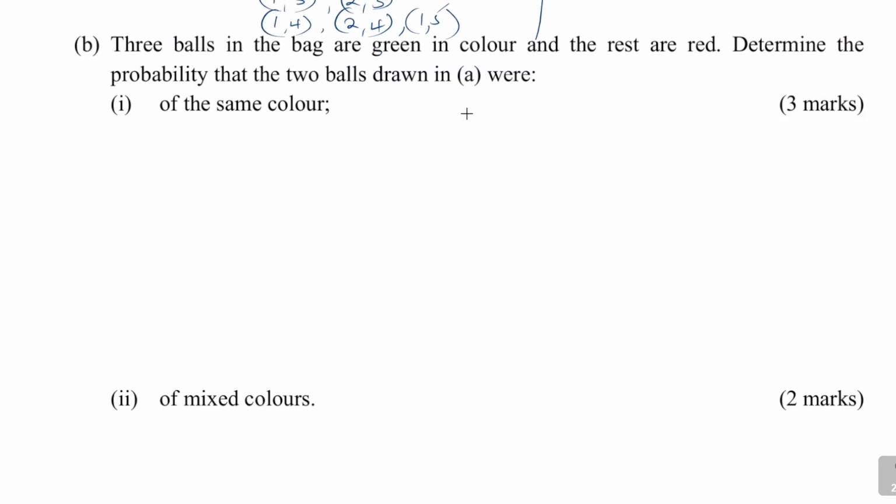We go to part B. 3 balls in the bag are green in color and the rest are red. Determine the probability that the 2 balls drawn in A were of the same color. So 3 balls in the bag are green, 3 green, and the rest are red.